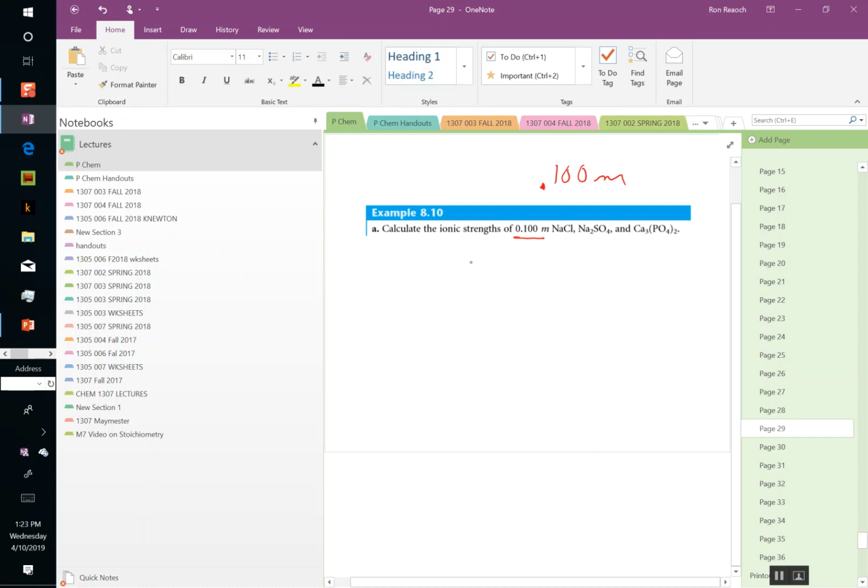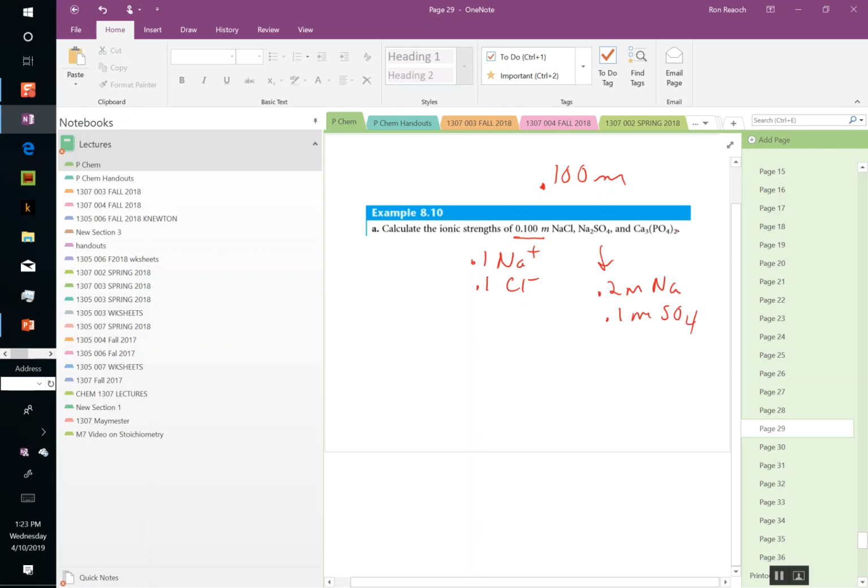But what do you get here? You get 0.1 molal sodium and 0.1 molal chloride. Here you get 0.2 molal sodium and 0.1 molal sulfate, right?